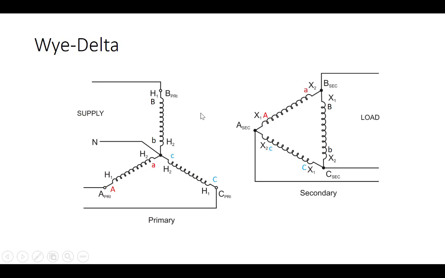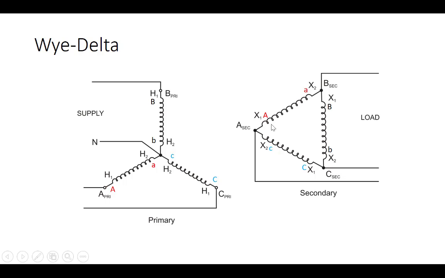This is probably the easiest way to see the Y delta three-phase transformer connection we have, with the 3 H windings connected in Y on the primary and the 3 X windings connected together in delta on the secondary. And one thing to note from this drawing is how I have labeled the beginning and the end of each winding in the delta connection.